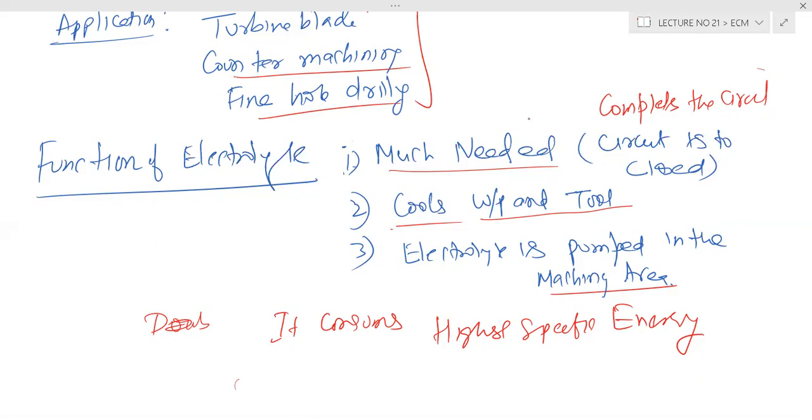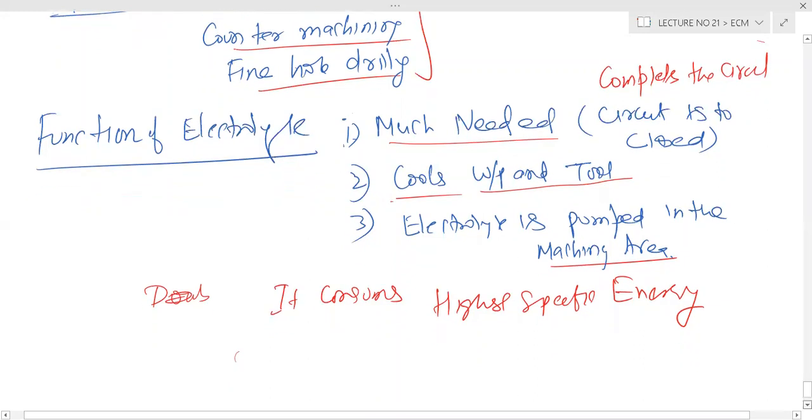Accuracy, fine. EMF, electromotive force, that is potential, right? It is not related to hardness.